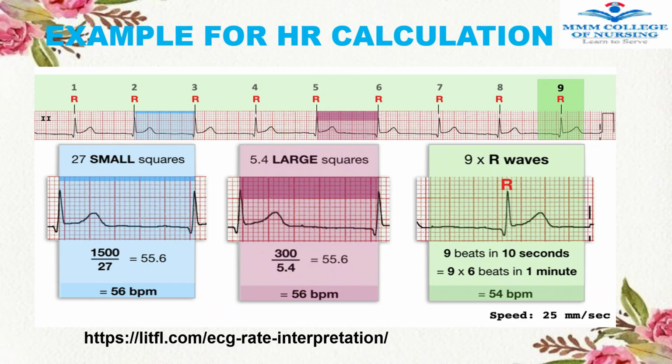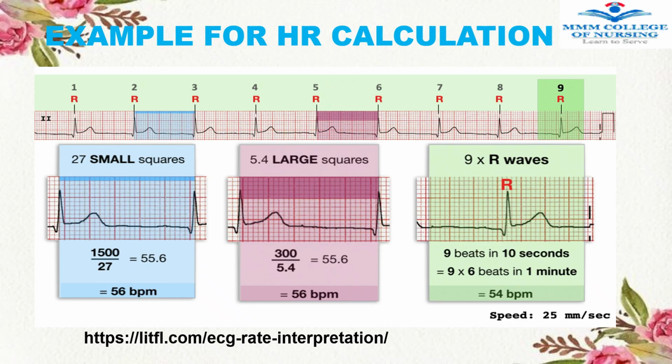For the same distance, when we use the large box counting method, the number of large boxes present between the RR interval is 5.4. For the large box counting method, we use 300 divided by the number of large boxes.